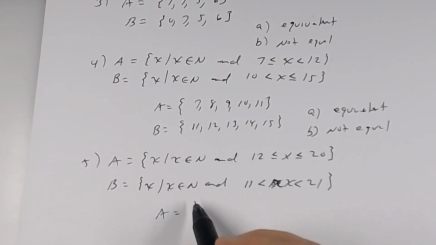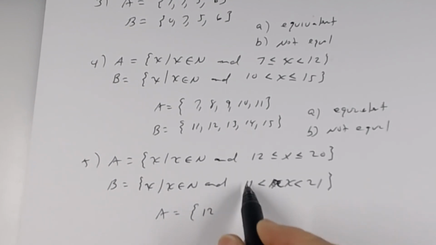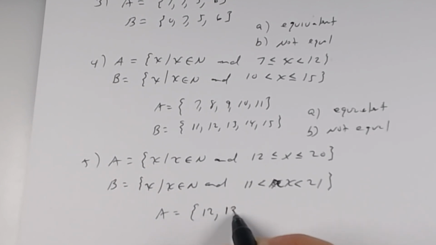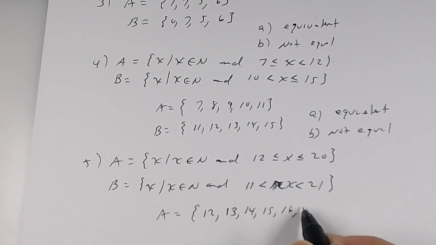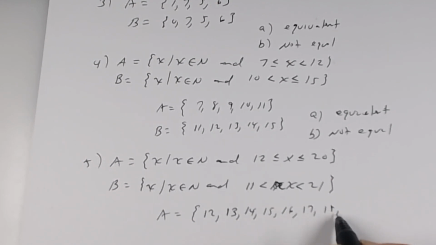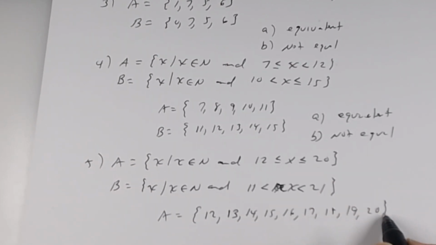What are the elements in here? Start with the smallest. 12. Why do I include 12? Because it has the equal sign. What's the next one? 13, all the way to 20. And I'm actually going to list them all.